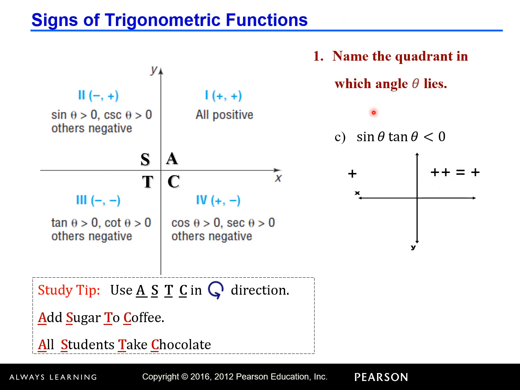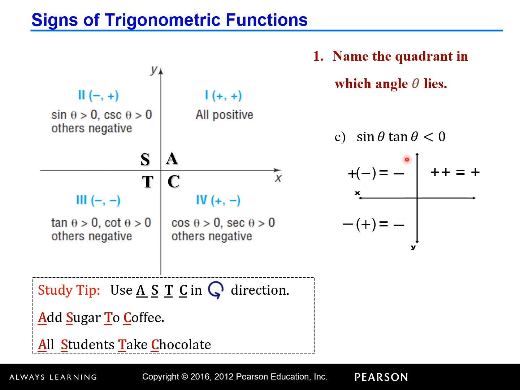In the second quadrant, sine is positive and tangent is negative. If we multiply positive times negative, the product is negative, and this is what we're looking for. So theta lies in quadrant 2. For quadrant 3, sine is negative and tangent is positive. If we multiply these, it's equal to a negative.